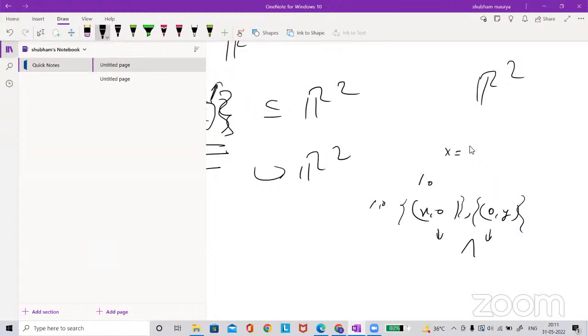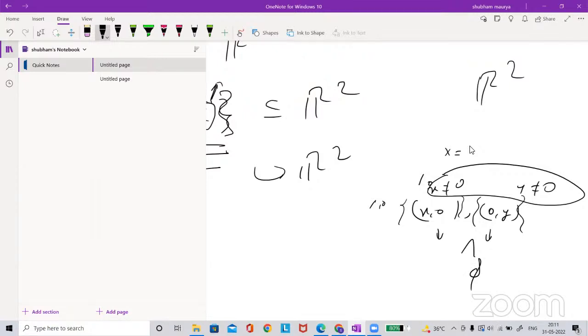If I take the intersection of these two sets, will it only be the origin or something else? I think x is not equal to 0 and y is not equal to 0 in such a case. So what will the intersection be? Phi, there is no vector.